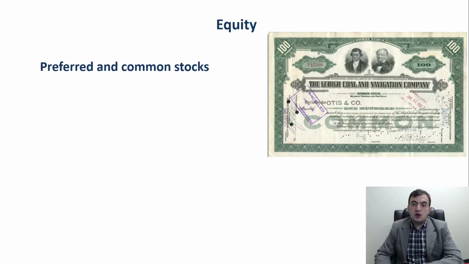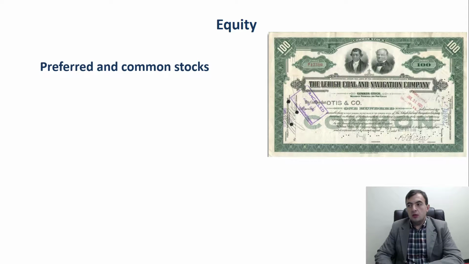And preferred stocks provide rights to receive return from investment as dividends, and they are usually guaranteed. But a shareholder of preferred stocks does not have a right to participate in the company's management decisions, so they don't have voting power. That's the one difference between common and preferred stocks.